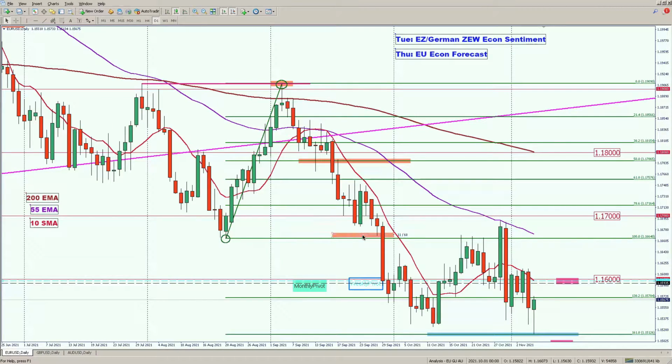Let's just identify this as the resistance zone with the falling 55 period EMA as well, coming down. So this is a likely reversion to the mean back to the 55 period EMA.